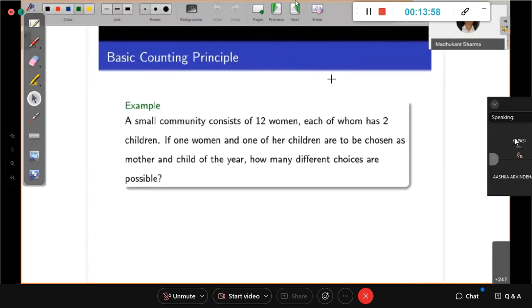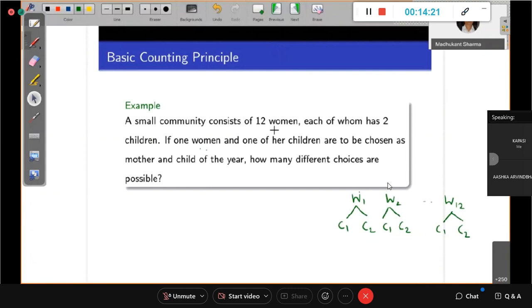Okay. So the example is as follows. It's a small community consisting of 12 women, each of whom has two children. If one woman and one of her children are to be chosen as mother and child of the year, how many different choices are possible? If you denote each woman by W1, W2, up to W12, each W is followed by either C1 or C2, her children.